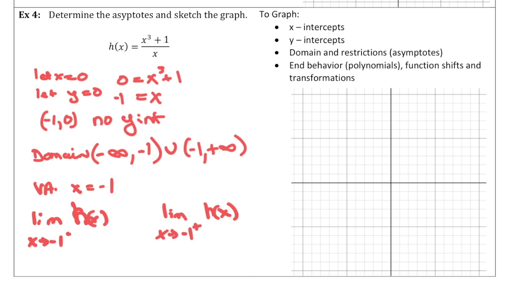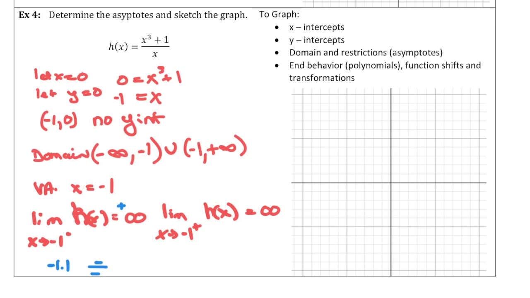As we approach negative 1, we know the answer has to be some sort of infinity. The question is, is it positive infinity or negative infinity? Once again, do some sort of analysis. If I'm on the left side of negative 1, you might think of negative 1.1 when you do some substitution. And when we substitute in negative 1.1, we will have a negative over a negative, which of course means we have positive infinity.